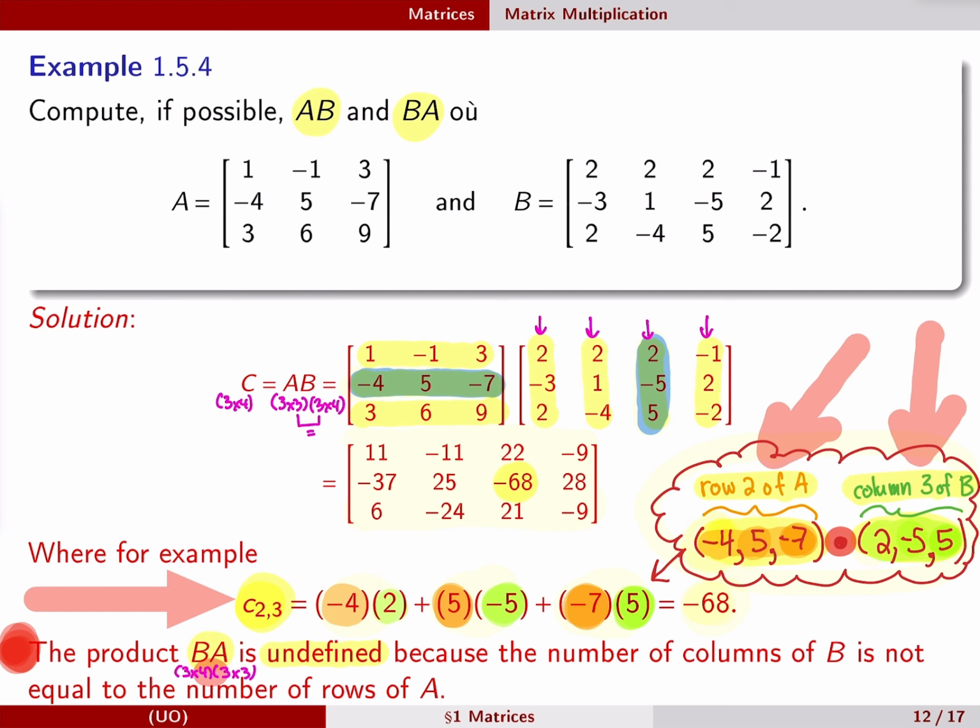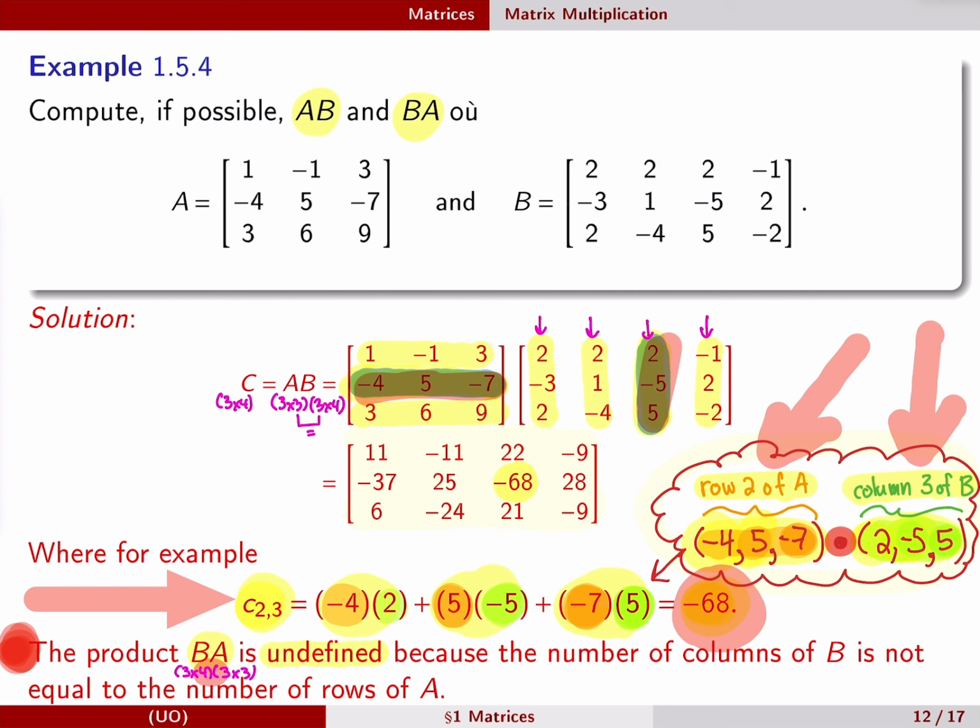You're multiplying minus 4 times 2 to get your first entry, plus 5 times minus 5, plus minus 7 times 5, and you get your minus 68 directly. So you can get that minus 68 simply by doing the dot product between the second row of the matrix A and the third column of B. One small multiplication between two vectors, a dot product, and you can get minus 68.